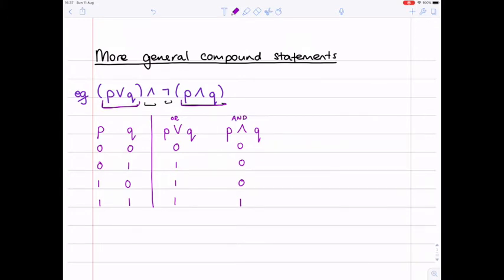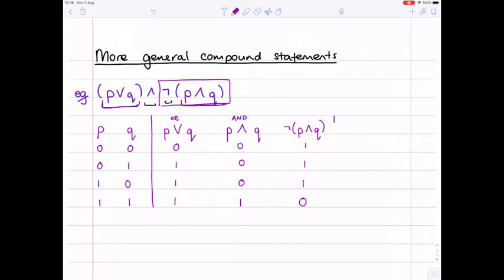But in fact, in this sentence we're going to need not P and Q. So remember, negation just changes everything that's true to false and false to true. So not P and Q is going to be true for every case except when both P and Q are true.